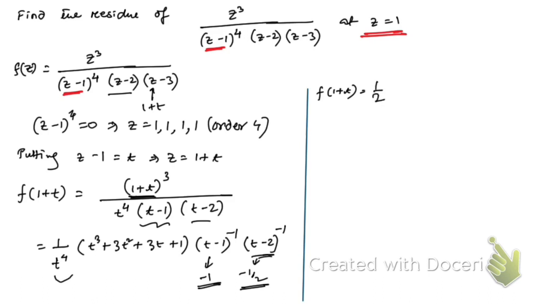And if you multiply this t to the power 4 with this, then what you're going to have is 1 by t plus 3 into 1 by t square, then plus 3 into 1 by t cube, then plus 1 by t to the power 4. That's what you're going to have, right? So let me write it properly.